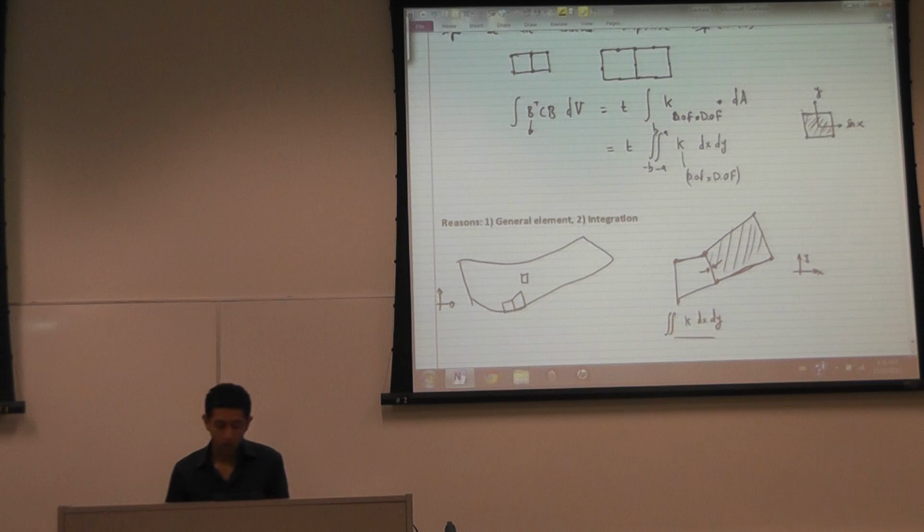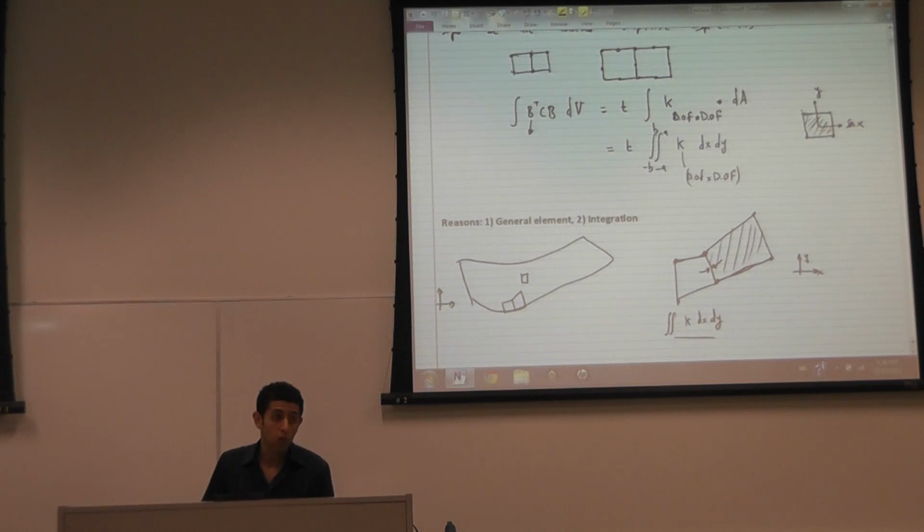Perhaps if Mathematica was available when FEA was invented, you might be able to do this using Mathematica, but at that time Mathematica was not available, so they needed a way that is simple to do this, both computationally simple and also methodologically simple.